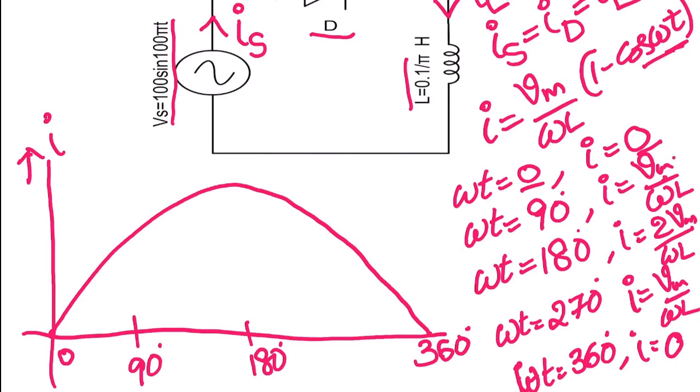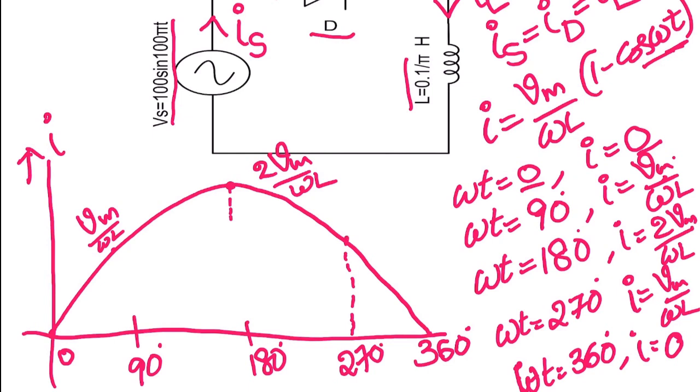At 90, the value will be Vm by omega L. At 180, the value is 2Vm by omega L. At 270, the value will be Vm by omega L. At 360, the value becomes 0.